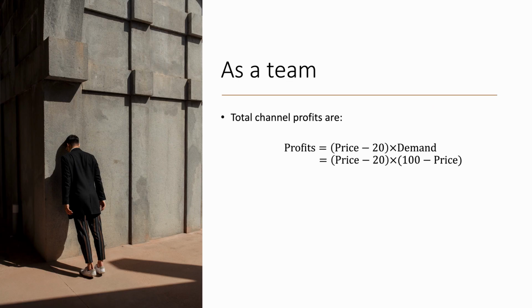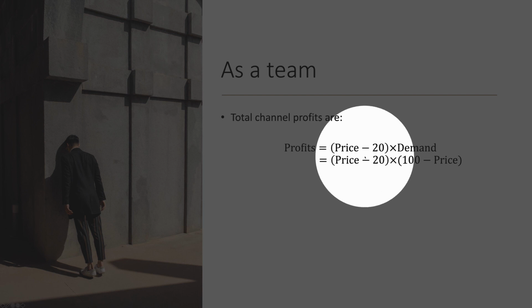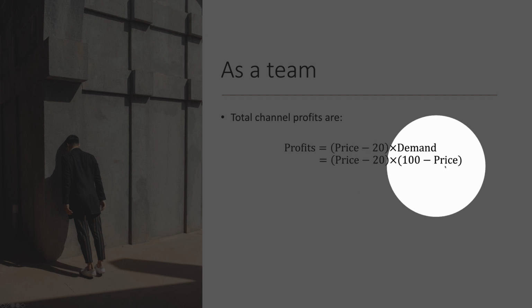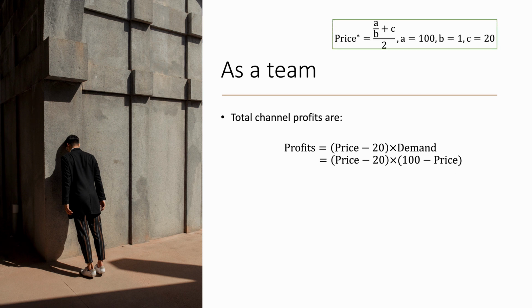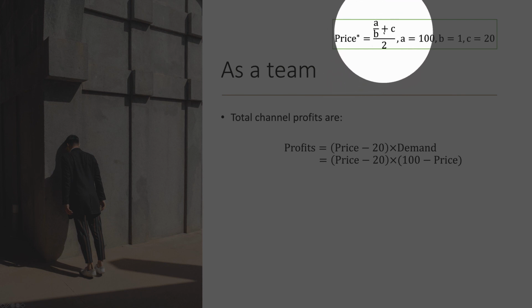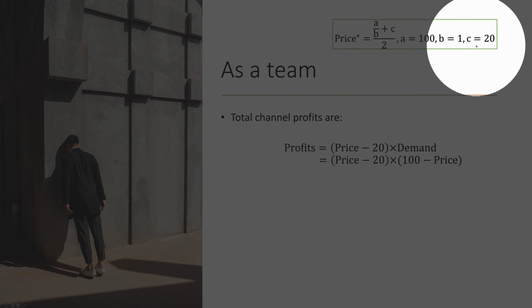For the calculations of working as a team, the total channel profit equals the retail price minus the variable cost of $20, times the demand, and the demand curve is 100 minus price. Again, recall how we calculate the optimal price: it is A divided by B plus C, all divided by 2. A is 100, B is 1, and C is 20.